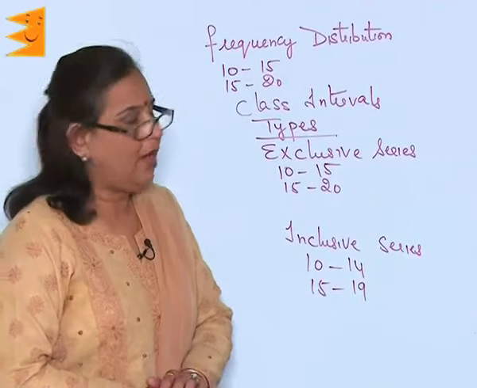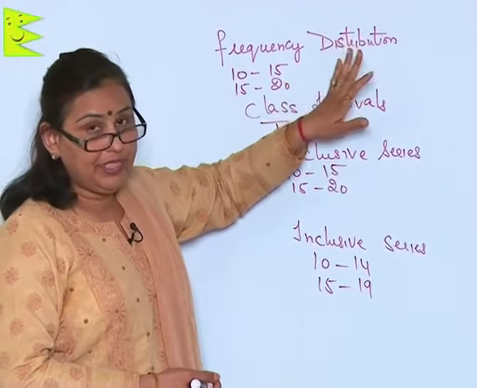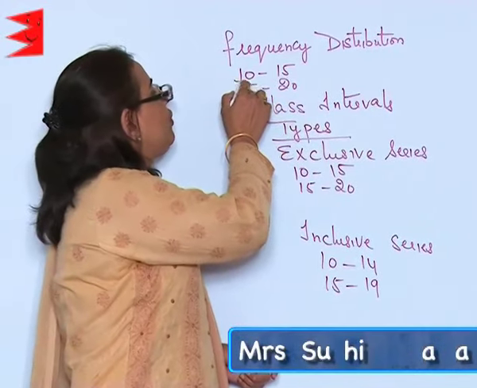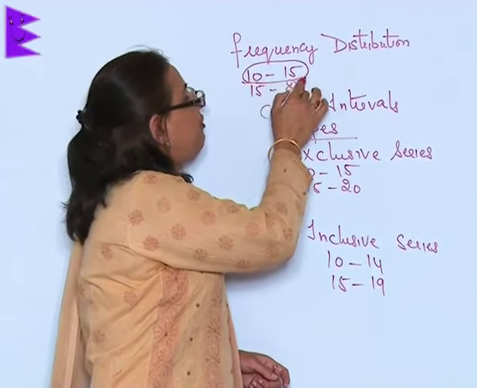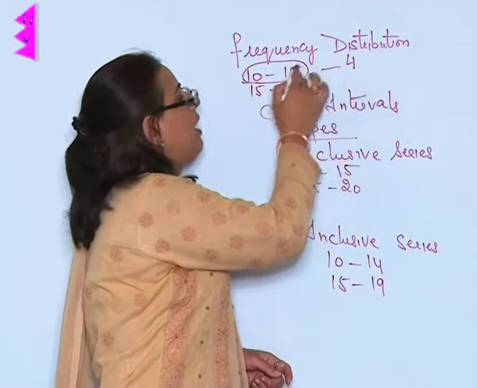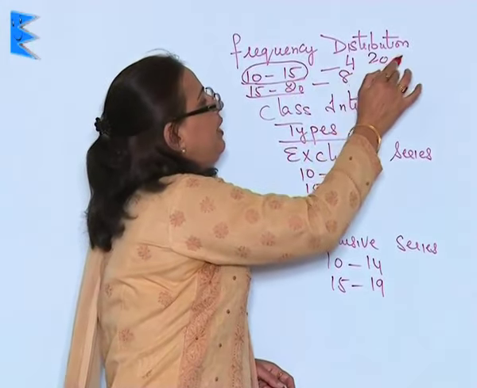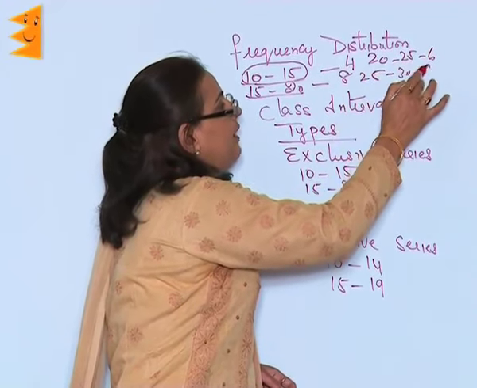Now let me talk about the frequency distribution. In the frequency distribution, we will be talking of the range, and this will be like from 10 to 15, 4 students have got marks in between, 15 to 20 have got, 20 to 25 say 6 have got, 25 to 30 say 9 have got.